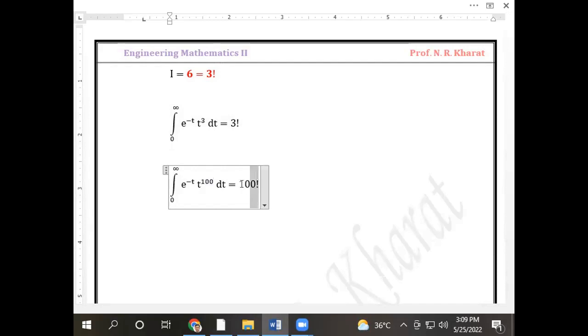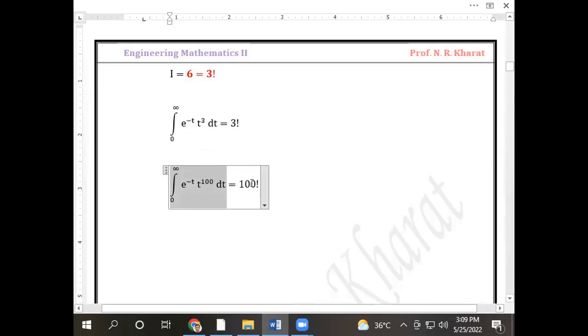When we observe this integration, it runs from 0 to infinity. The integral of e raised to minus t times t raised to 100 dt is nothing but 100 factorial. This is an expression whose value we can find in terms of factorial. So this is the definition of the gamma function.